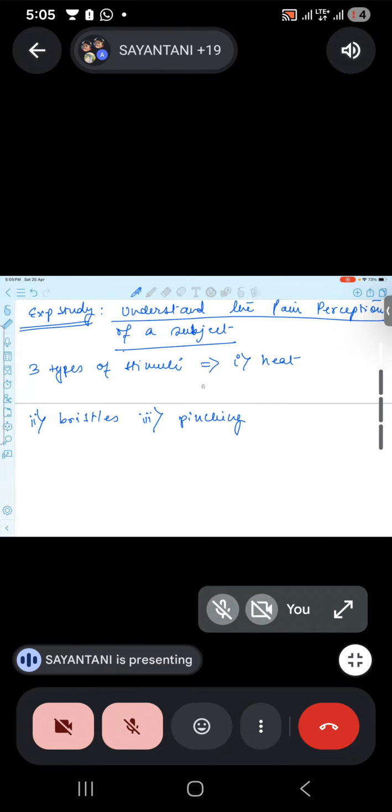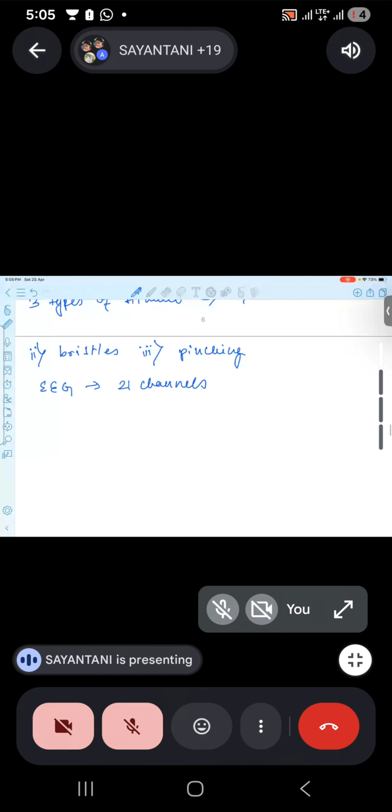So you are aware that the EEG device of our AI lab has 21 channels through which we had performed the brain data acquisition. And the time duration of the stimuli was kept as 15 seconds, and the oral response phase was provided as 5 seconds.